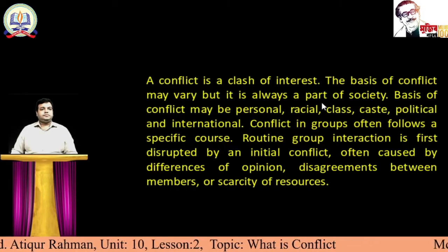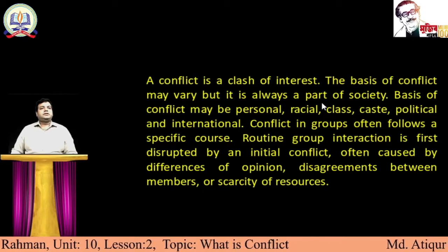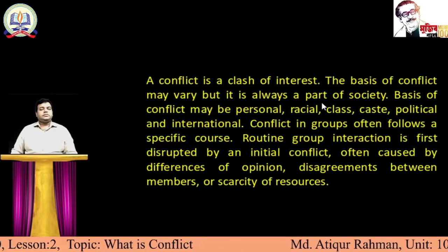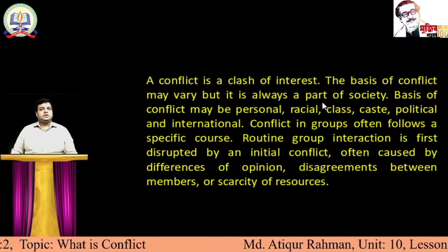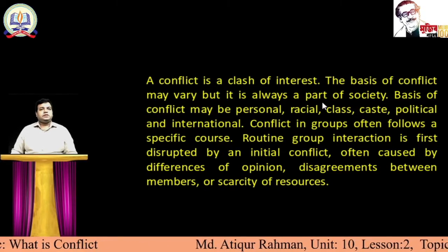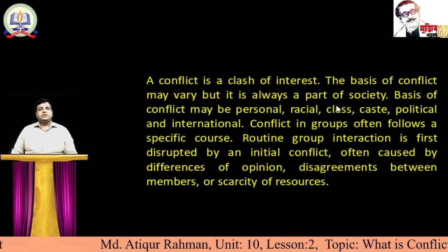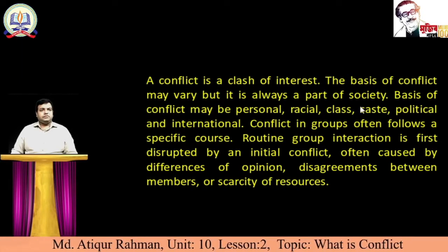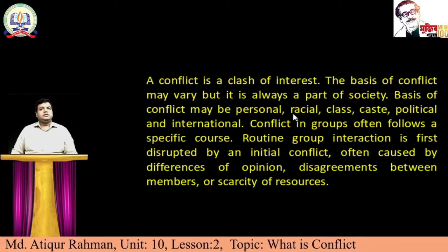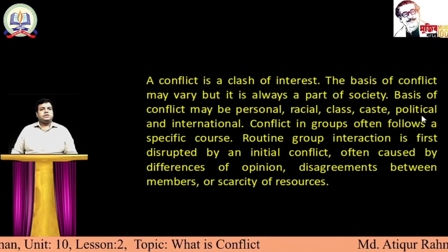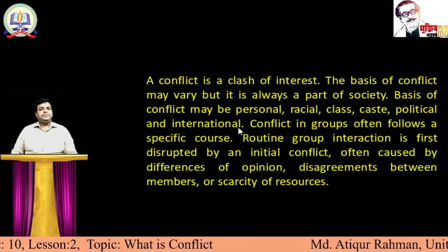Okay, let's start the summary. A conflict is a clash of interest. The basis of conflict may vary, but it is always a part of society. The basis of conflict may be personal, racial, class, caste, political, and international.